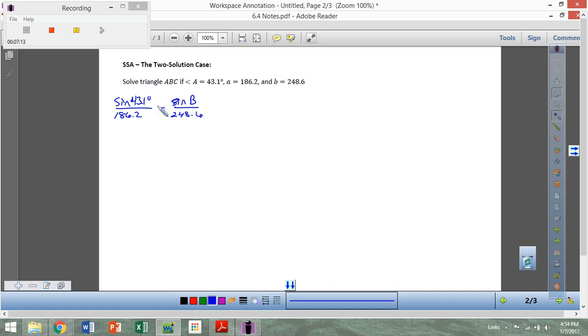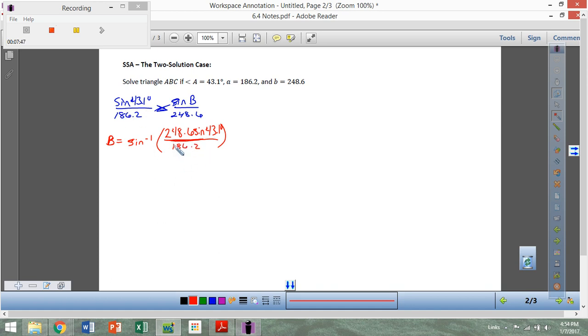So now if I do my cross products, and I'm going to kind of skip a step here. I'm going to see if you guys follow along on this, and if not, let me know in class. But if I'm trying to find an angle, that means I'm automatically going to be saying that that angle is equal to the inverse sine of something, and it's going to be this other cross product, which is 248.6 times the sine of 43.1 degrees, divided by this 186.2.